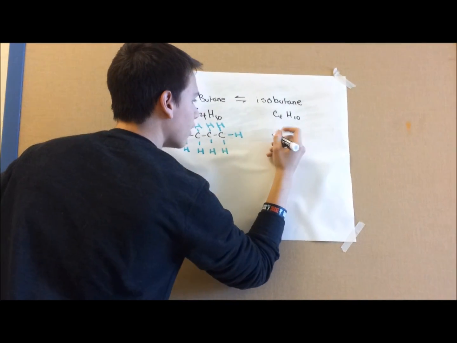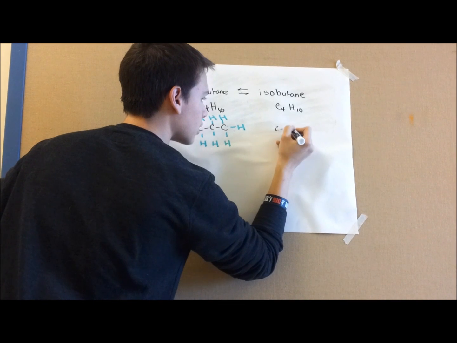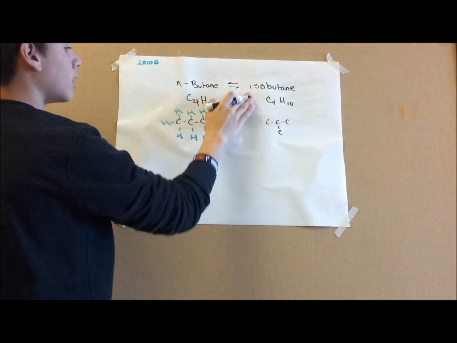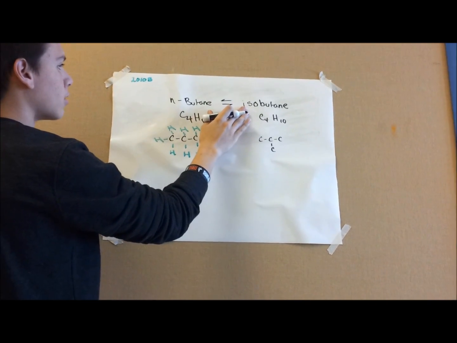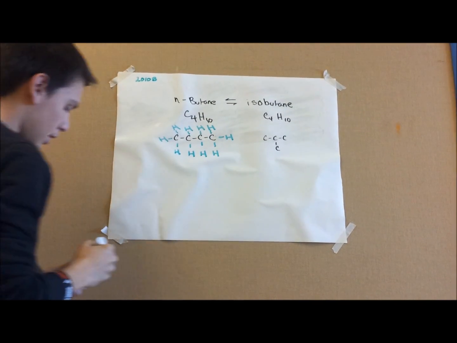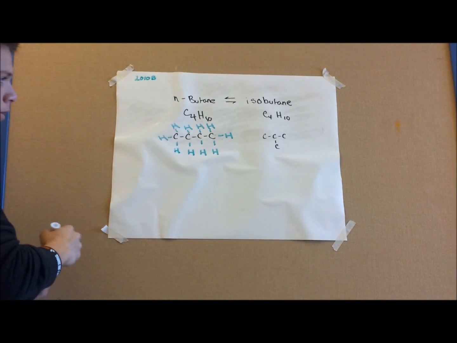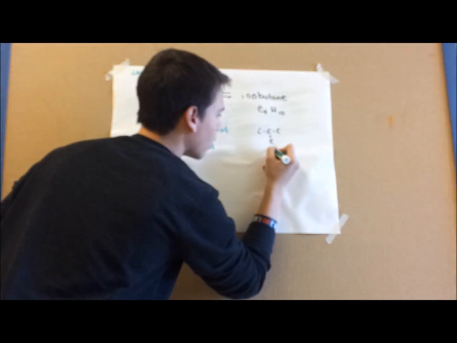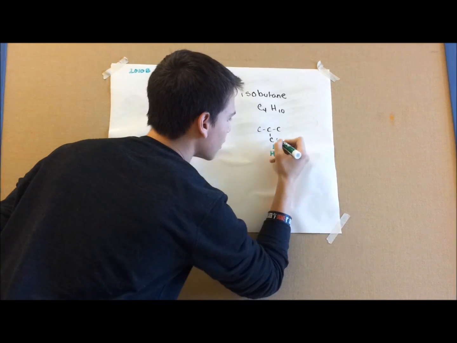Now with isobutane, we have this short chain and then a piece coming off of the chain, which branches off because it's isobutane. And then we have hydrogen coming off this guy here.